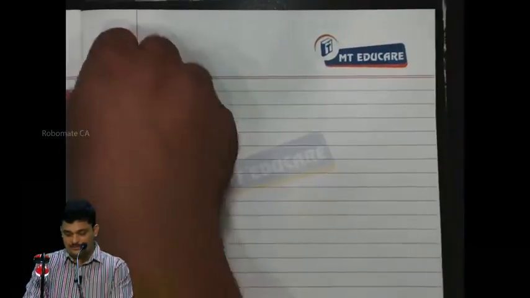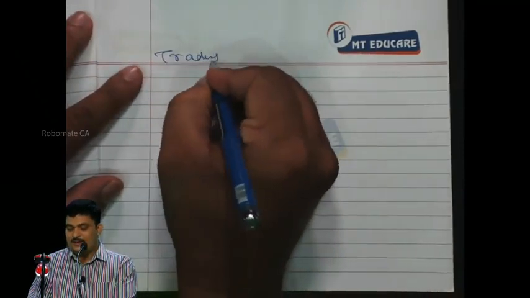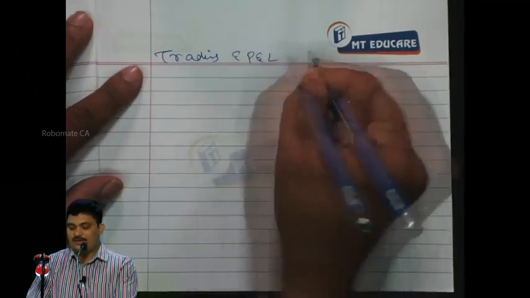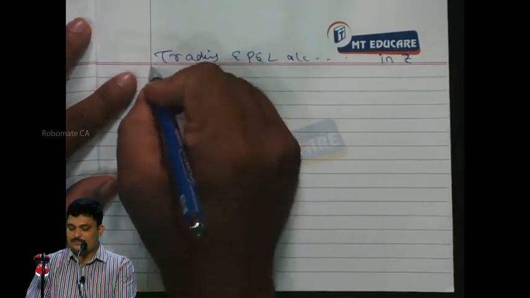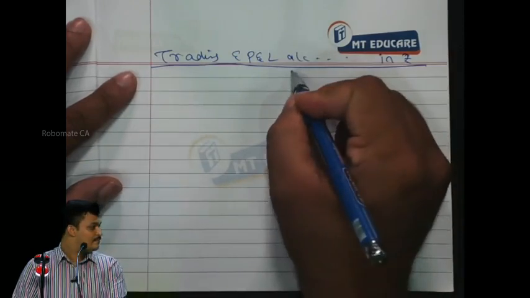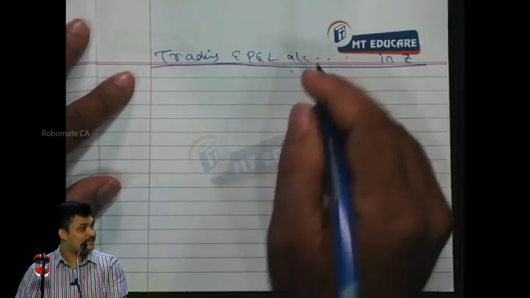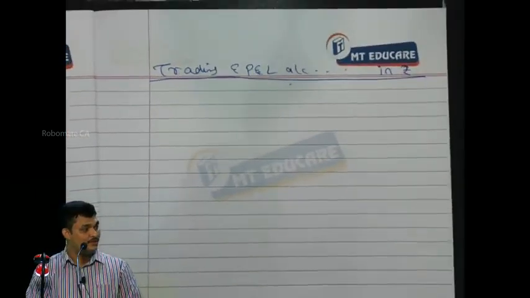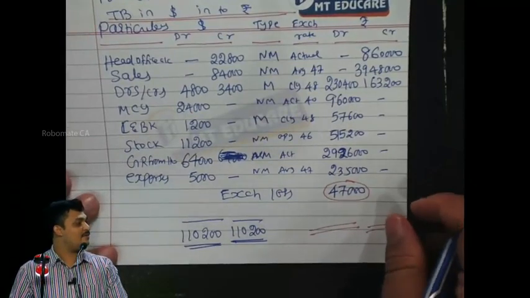The formats. Now presently the trading and profit and loss account in rupees. Exchange gain. Credit is greater or debit is greater?